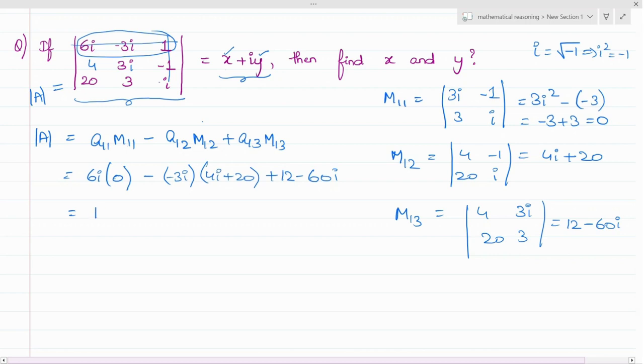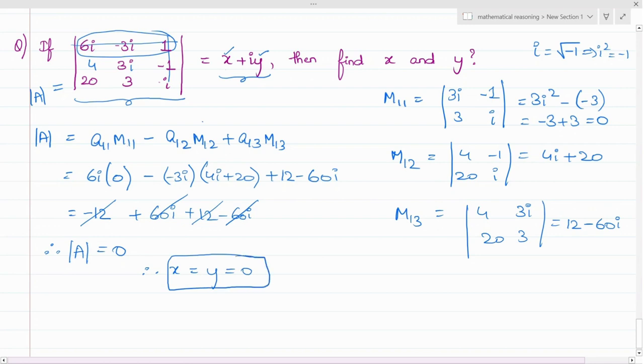So 4 3s are 12 iota square plus 60 iota plus 12 minus 60 iota. This and this gets cancelled. So here basically iota square is nothing but minus 1. So it becomes minus 12. So this minus 12 and plus 12 gets cancelled. Therefore, the value of this determinant is 0. So hence, the x and y values also become 0 in this question.